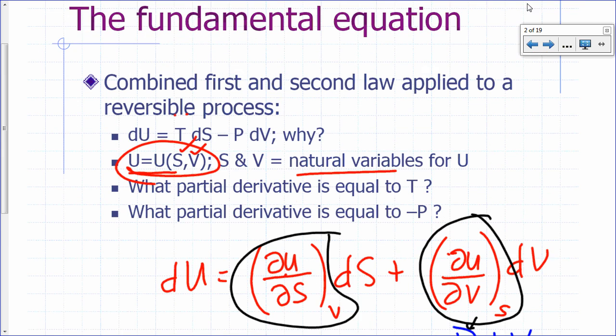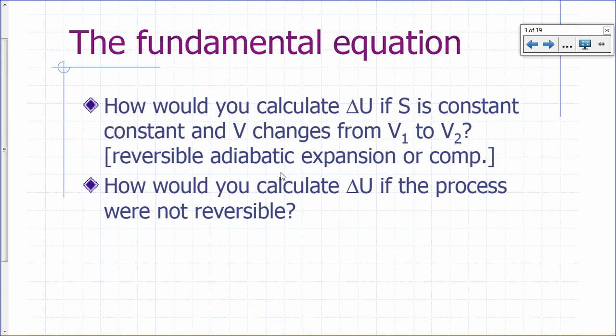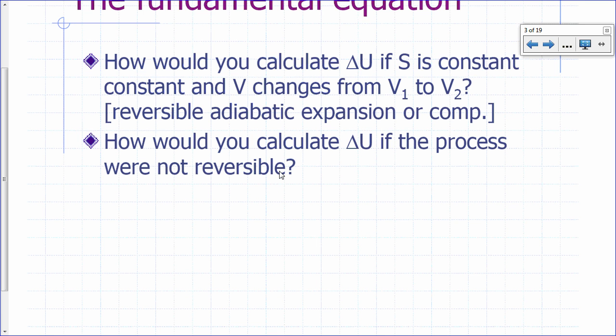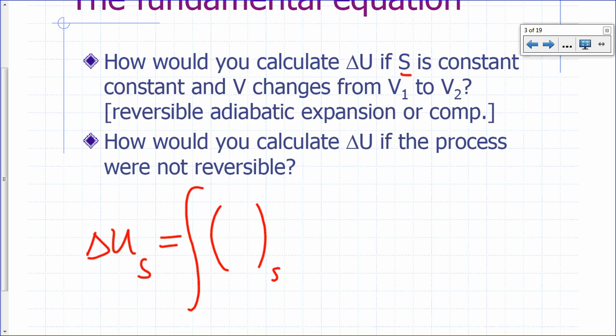Now, how would you calculate delta U if S is constant and V changes from V1 to V2? We want delta U at constant S, right? So what would I have to integrate?